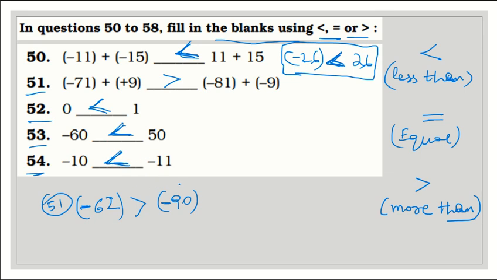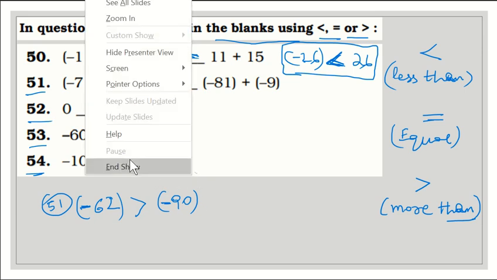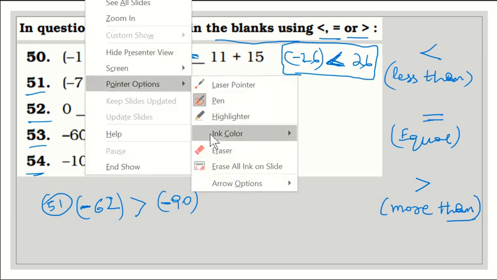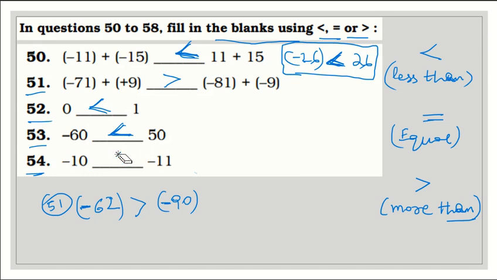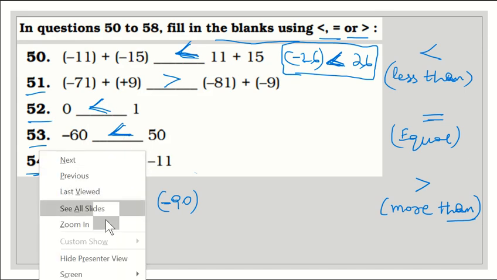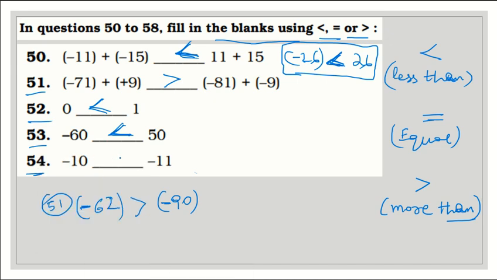It is more. So I have to erase this. So the right symbol: minus 10 is on the right side of minus 11, so it is greater. So minus 10 is greater than minus 11.